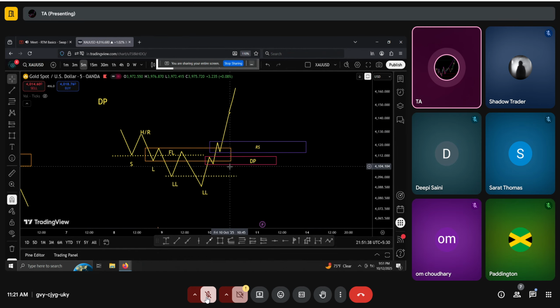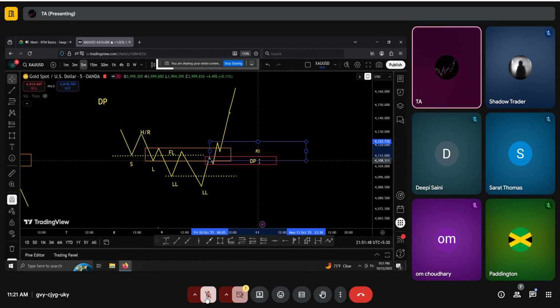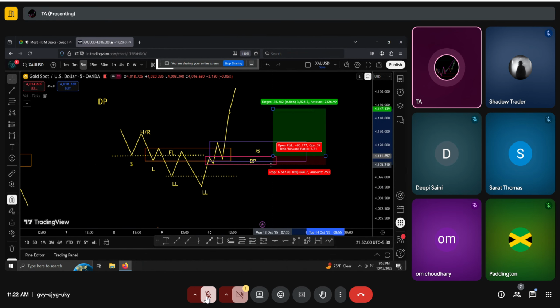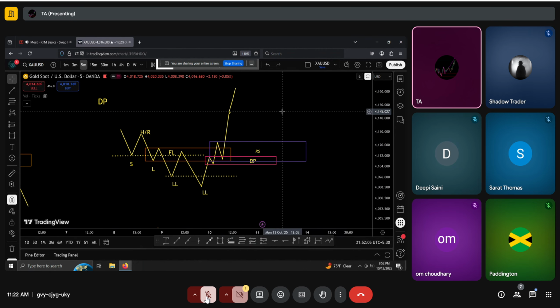If the price doesn't come back to the DP, then we call it only RS. This is only resistance support zone, nothing else. Right? To become a swap FL, the price should pull back to the DP and it is tradable. When price pulls back to DP, we can place entry here, stop loss here, and go for long, right?